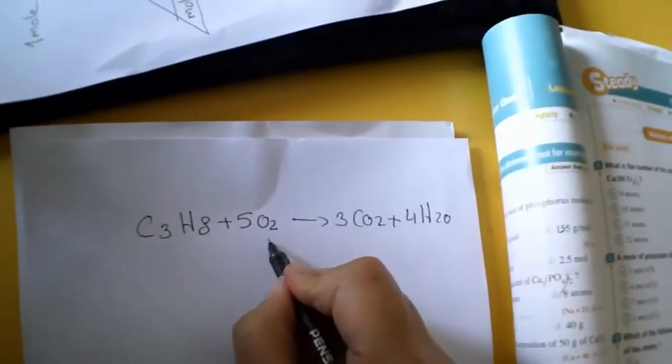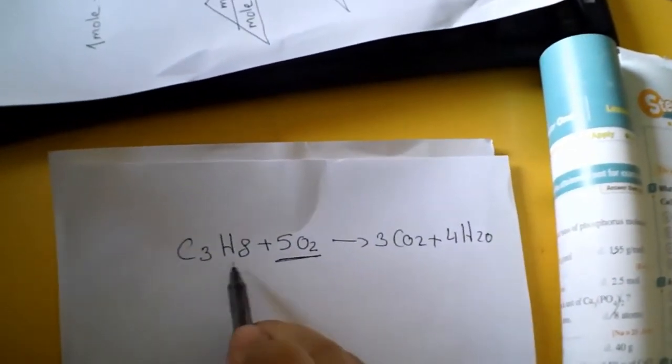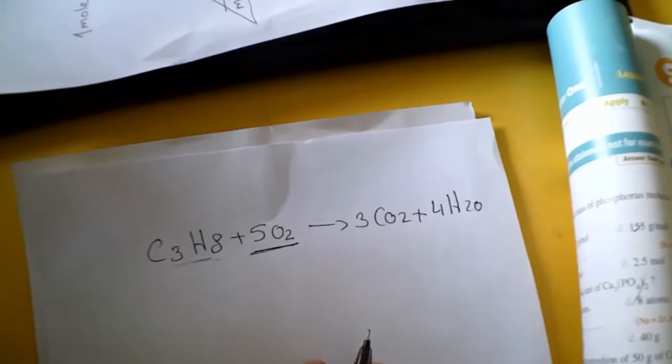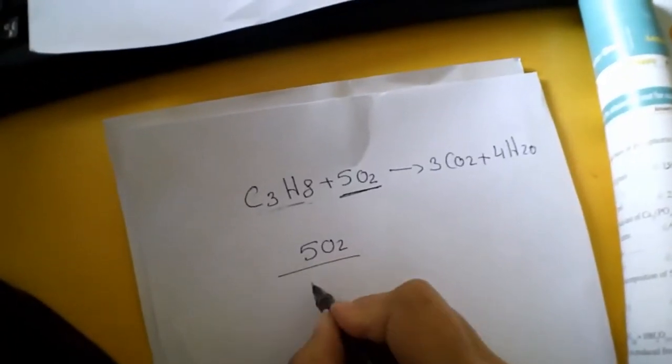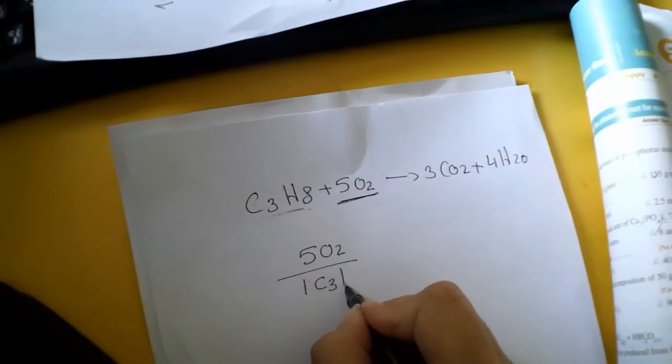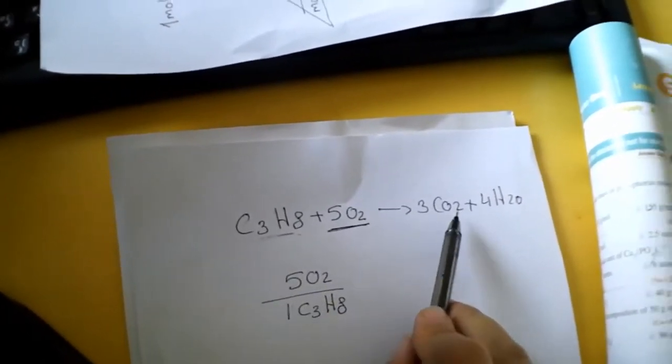I want to find the ratio of the oxygen to the propane gas. So we have 5 mole of the oxygen molecules, and we have 1 mole of the propane. We have to make sure that it's a balanced equation.